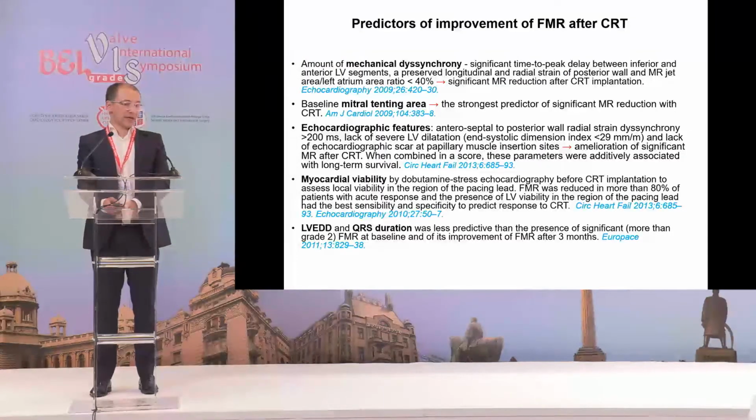Dobro, pomenuo sam eho prognostičke faktore za popravljanje sekundarne mitralne regurgitacije, to su eho pokazatelji u smislu mehaničke disinhronije, tenting area, do onih najjednostavnijih, LV endijastalnog dijametra.